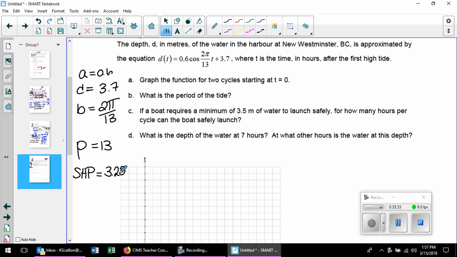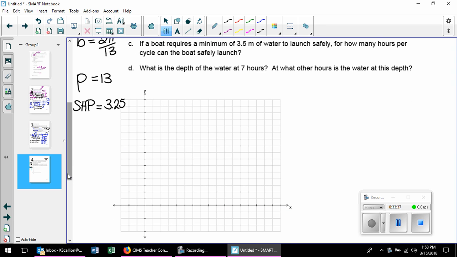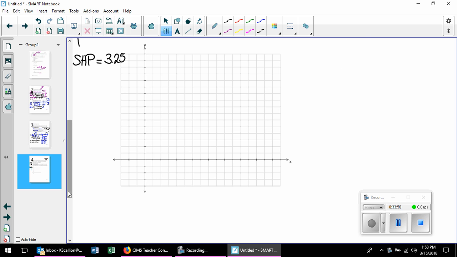This isn't as pretty now, right? So how are we going to do increments? Any suggestions? You want to go by 3.25? Yeah? Well, I think we can do that here.